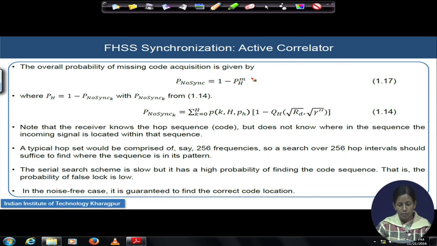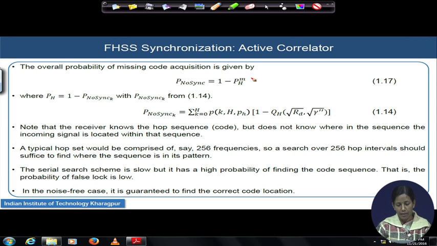And remember here that the receiver may know what exactly the code is, but the receiver doesn't know where inside the sequence the incoming signal is located within that sequence.